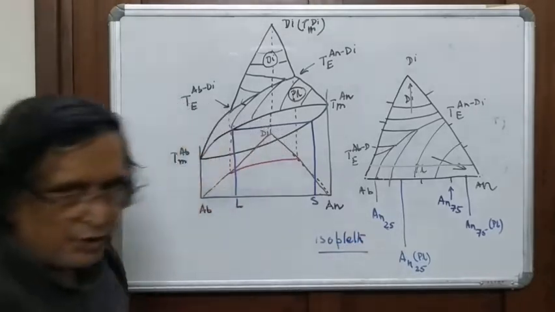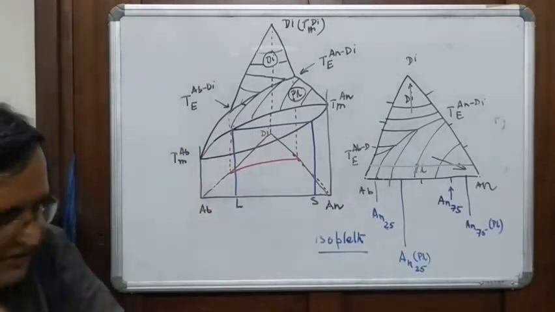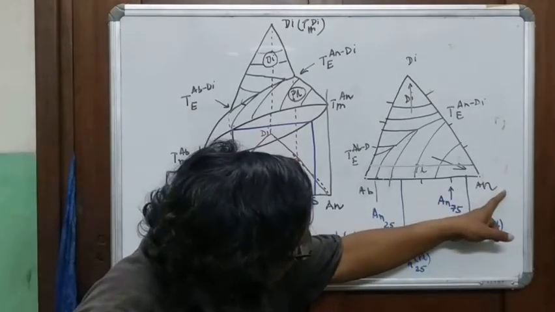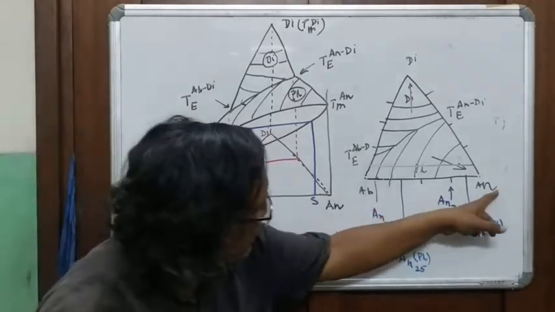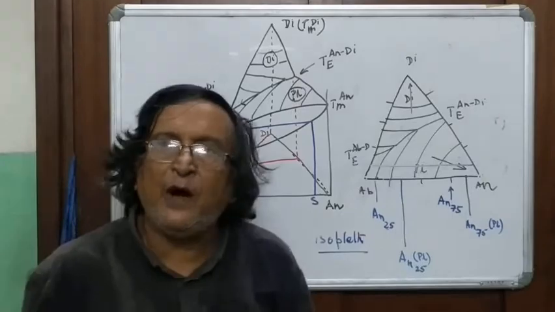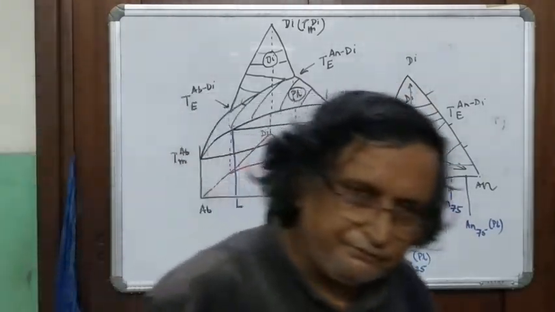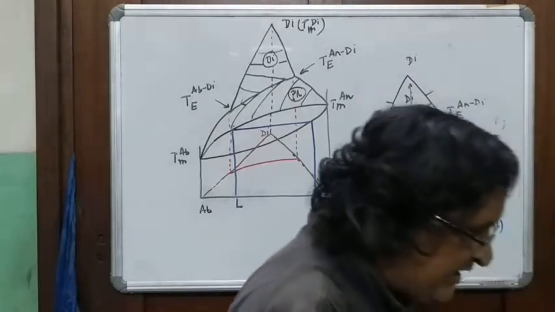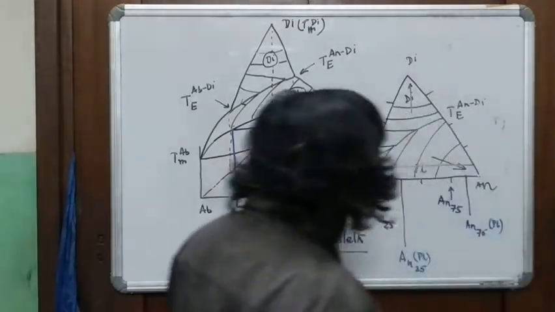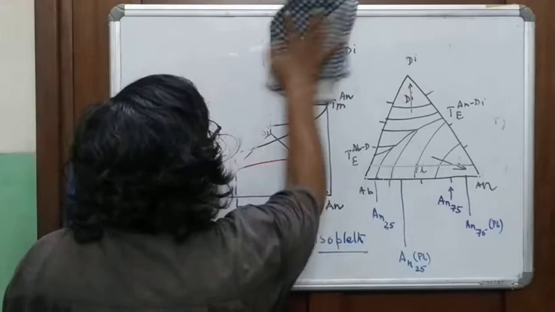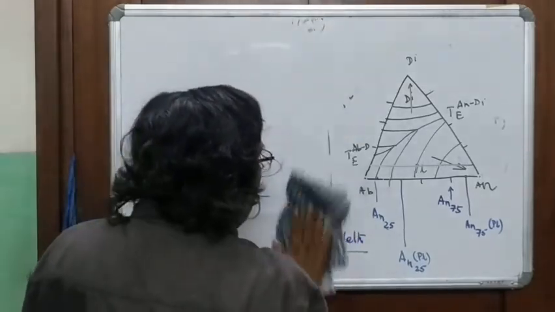Isopleth, P-L-E-T-H. So there will be isopleths between anorthite 100 and anorthite 0. When I plot the isopleths on the diagram, this is the heart of the problem.